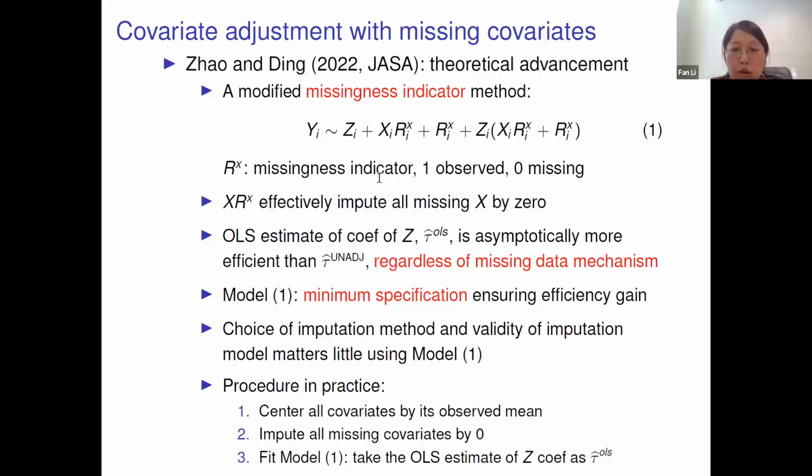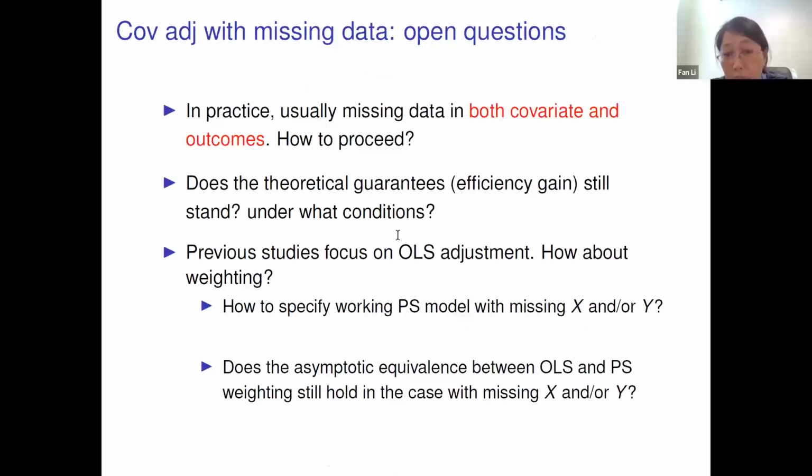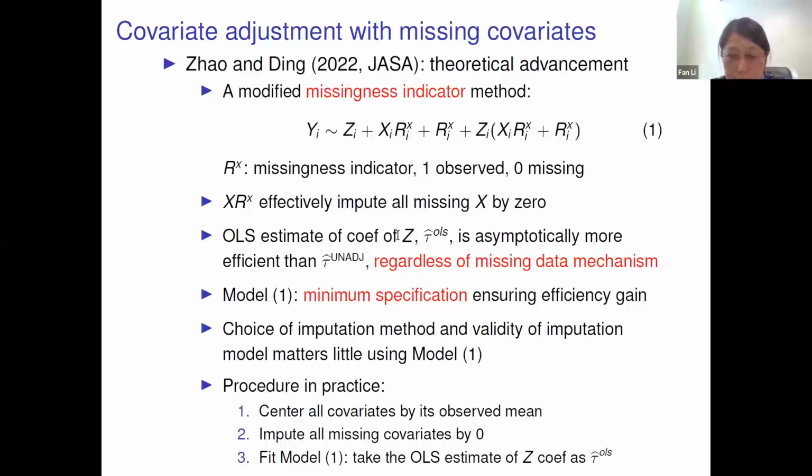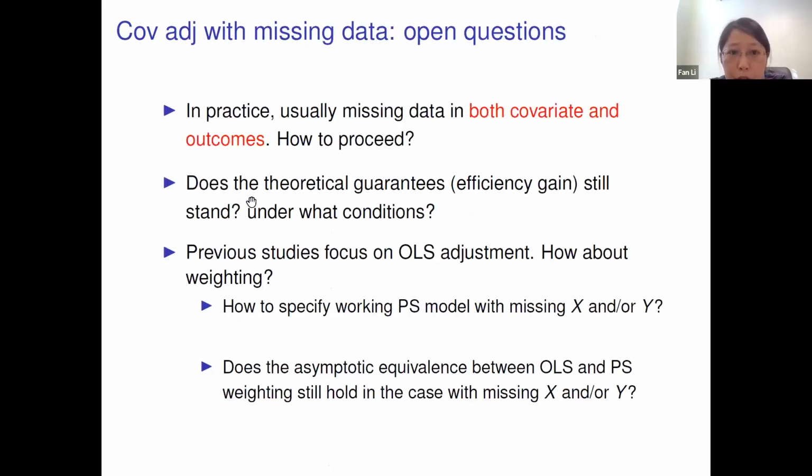That's your covariate adjusted estimator for the treatment effect that adjusts for the missingness in X. And this theoretically guarantees the efficiency gain. So this is really a very remarkable result. This basically justifies an old approach, the missing indicator, but clarifies the importance of all these interaction terms, right?